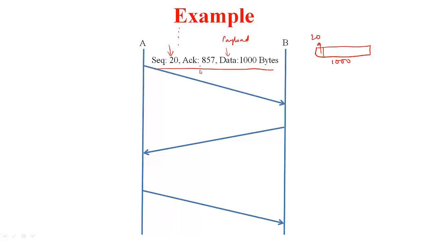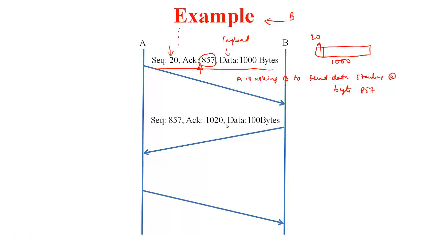And this segment is acknowledging some data that was in the past sent by B. And the fact that it is saying 857 means that A is asking B to send data starting at byte 857. So in response to this segment, B is now going to send a segment. So this is the segment that it sends.